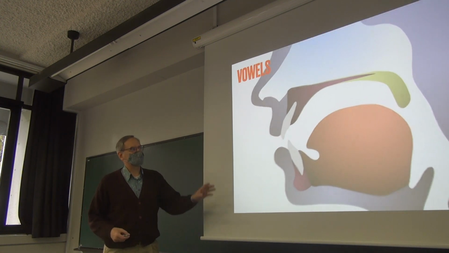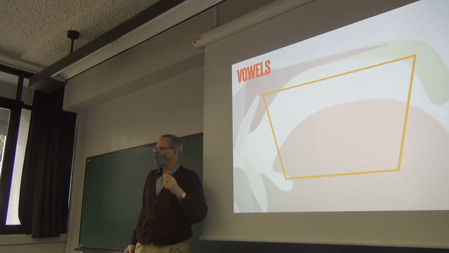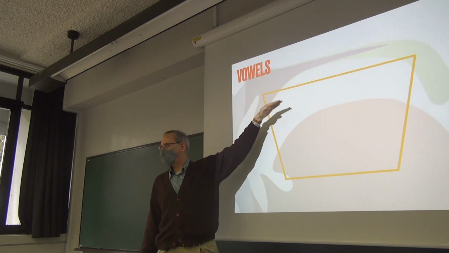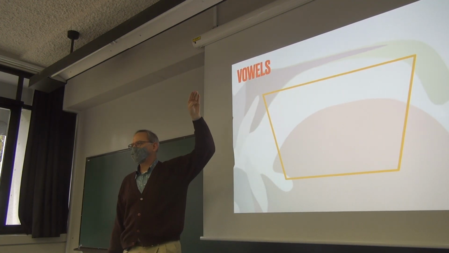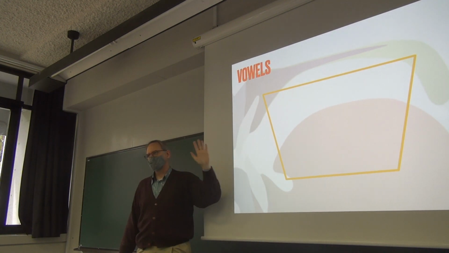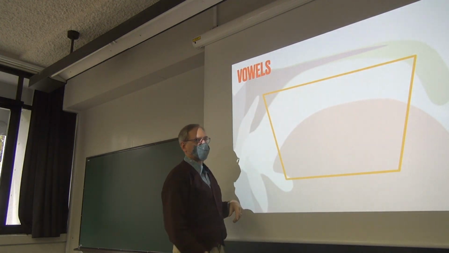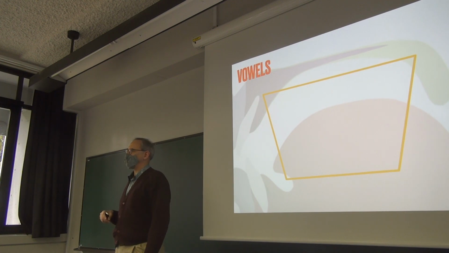What we're going to do is focus on the space in the mouth and identify the position of the tongue during pronunciation: whether the tongue is raised or lowered, whether the tongue is towards the front or towards the back. I've drawn this little chart that roughly represents the space in the mouth.